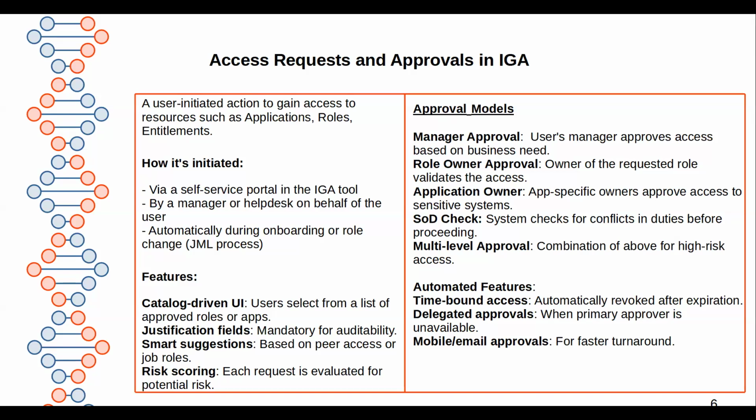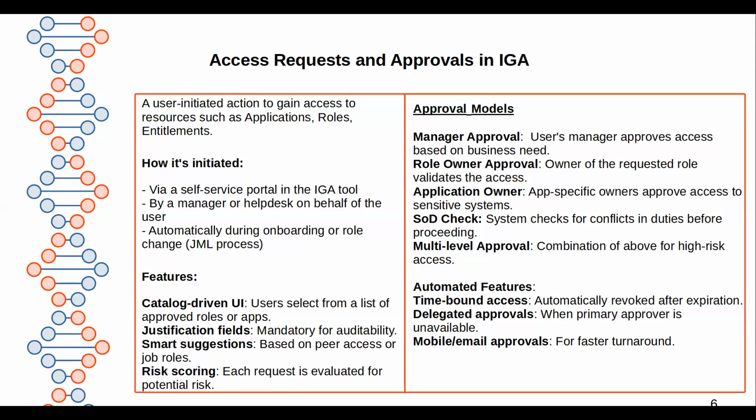Let's suppose you are working in the finance department and you do not have certain rights to look at the audited reports. So what you should do is request that particular access. A user-initiated action to gain access to resources such as applications, roles, or entitlements is called an access request in IGA.